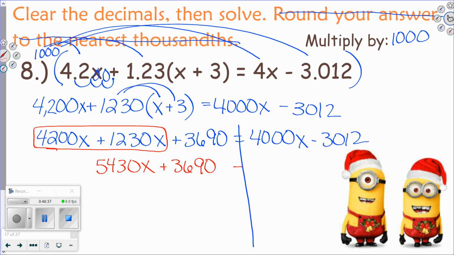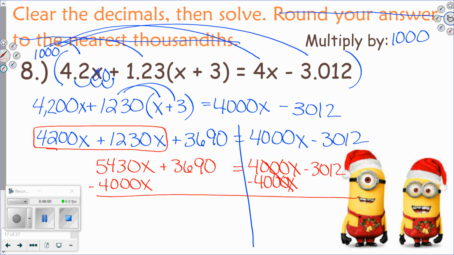Do you see how easy it would be to lose an x on something? I almost did earlier. So just be aware. Take time. Watch your handwriting. Good. I would subtract the 4,000x. So 1,430x plus 3,690, it is a lot of numbers, equals negative 3,012.